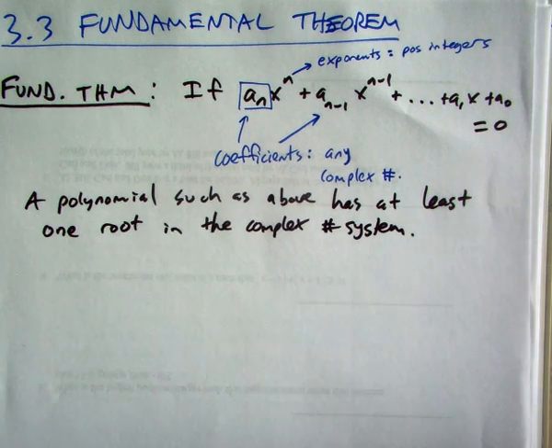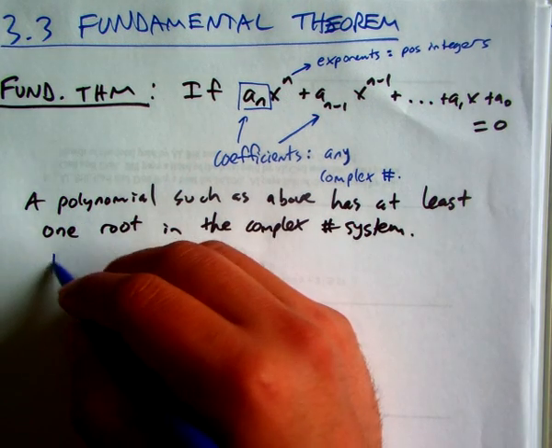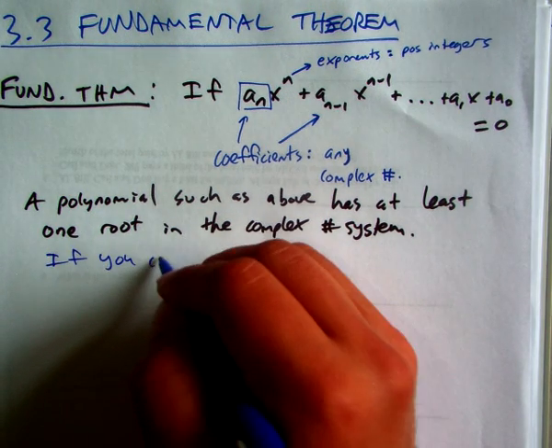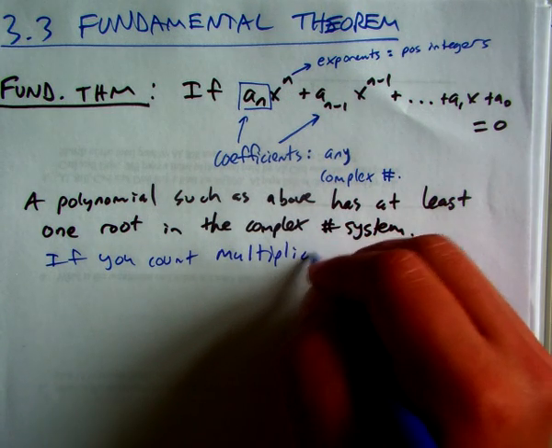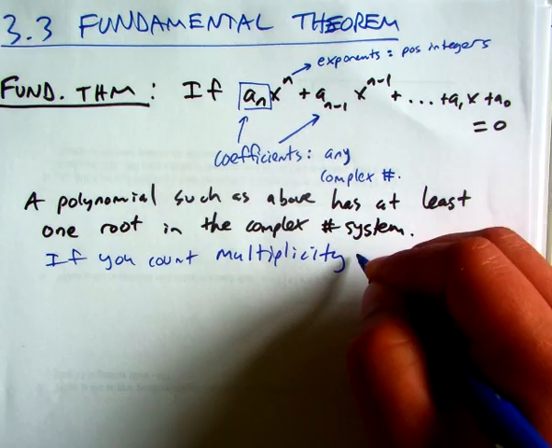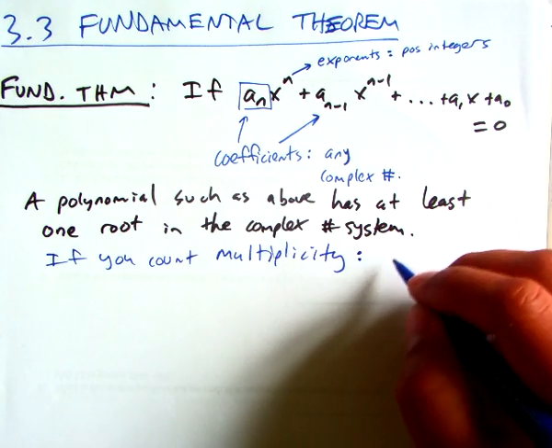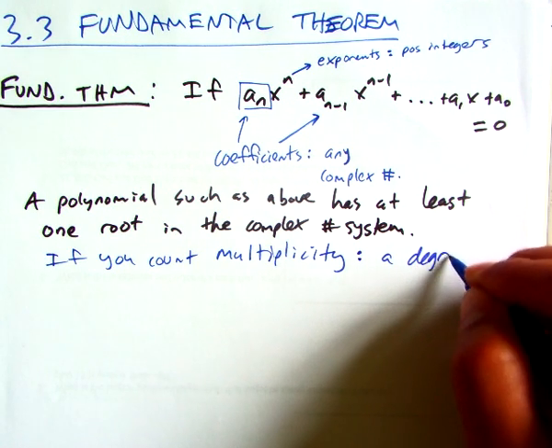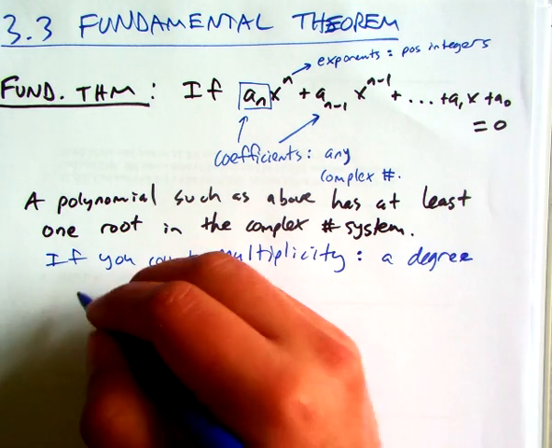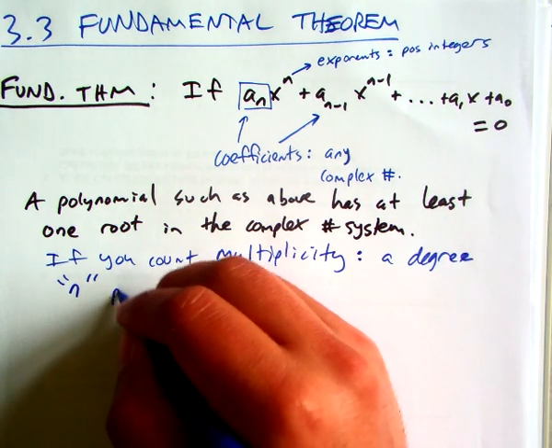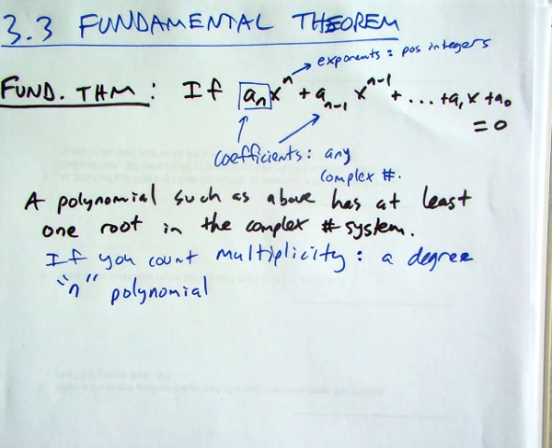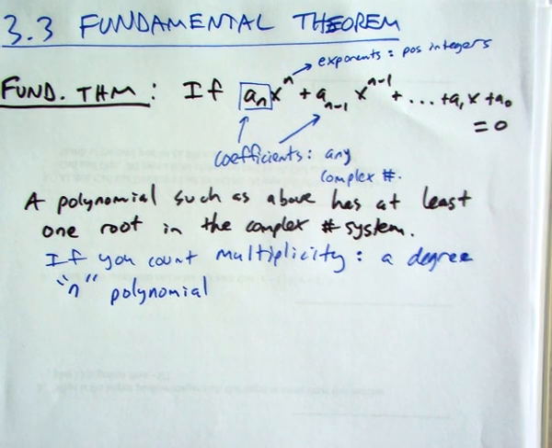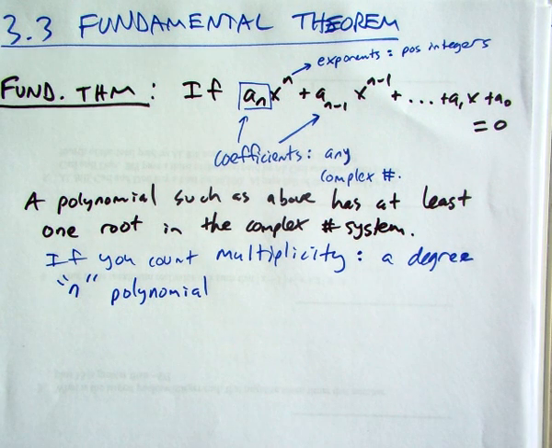And now if you include multiplicity, then a degree n polynomial, and I think it was Colleen who asked about this a day or two ago, a cubic you would expect would have how many roots? 3.